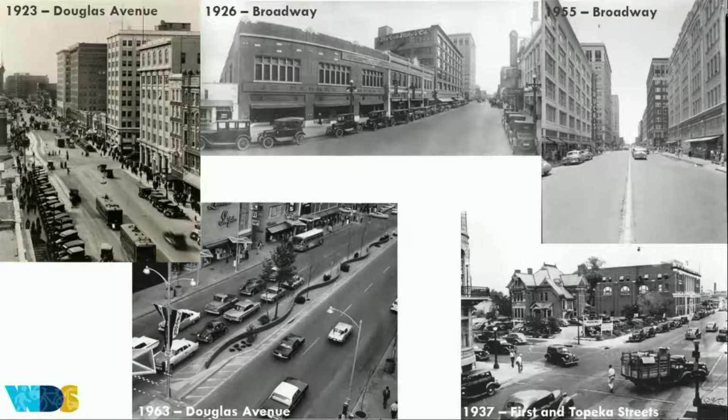In another photo you can see a one-way street that is currently one-way, but in the past it was a two-way street, and it had parking on both sides. So it's just interesting to see how these evolve, and this is an opportunity for us to talk about what types of streets, what configuration of streets would best help us meet the community goals and outcomes of today, and also the ones that are wanted for the future.